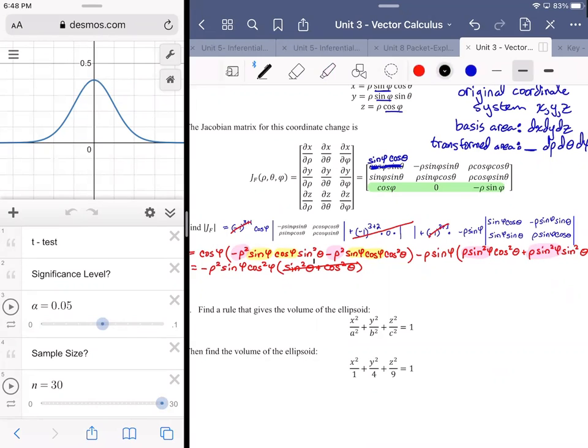When I pull that out and group it with the rho sine phi on the outside, let's keep that red actually, I'm going to get negative rho squared sine cubed phi, and that's going to leave me with a cosine squared theta plus sine squared theta.